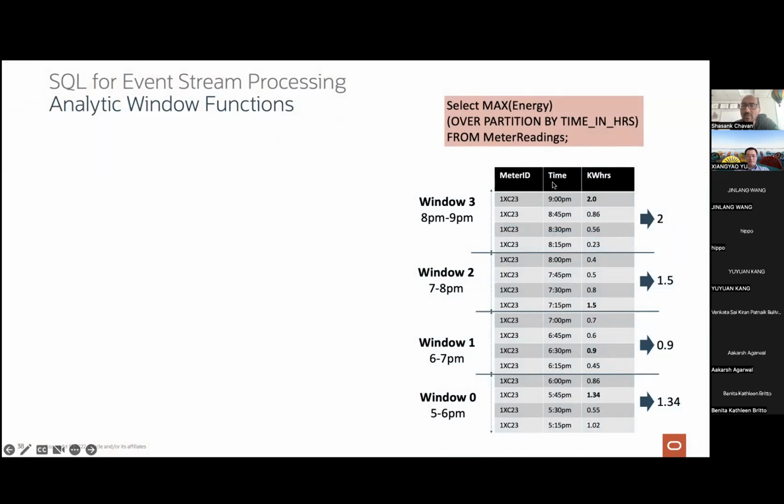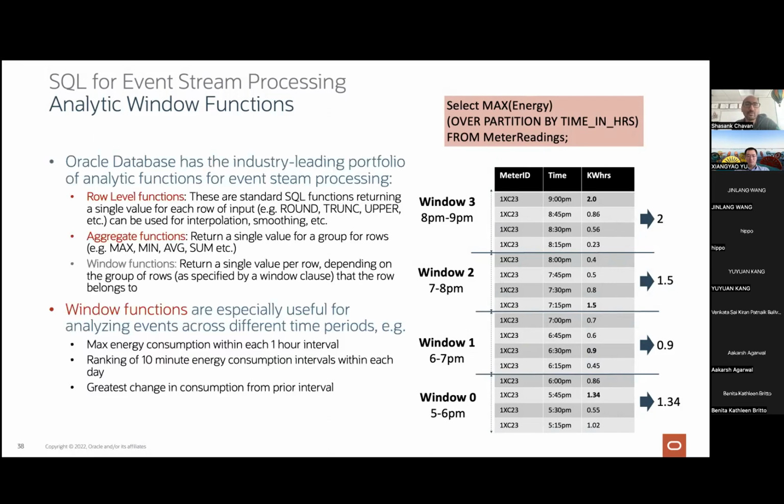I want to know what was the max energy used. It was 2. For the next window, it was 1.5. So it's doing an aggregate within this window of time. And that's an example of very rich analytic functionality that you want your event stream processing system to be able to support. Okay, so I'll skip through the words over here.